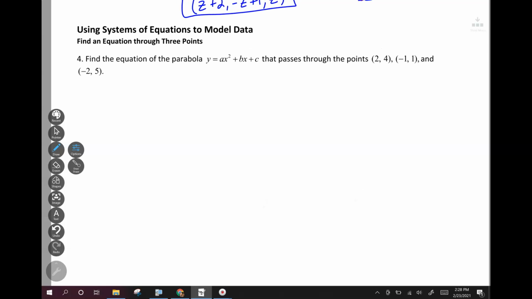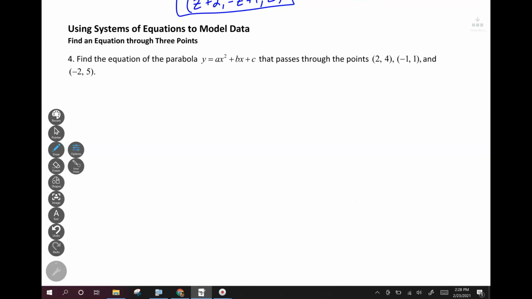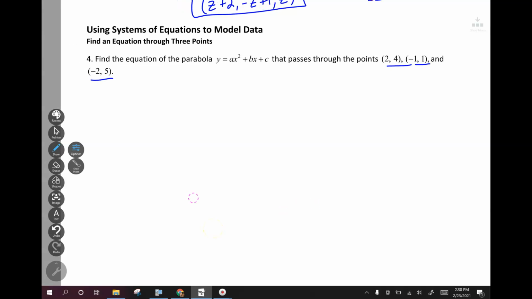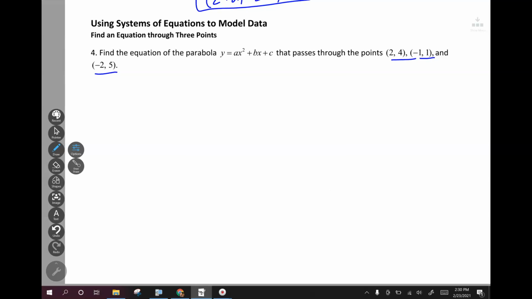All right, the last thing we're going to do in this set of notes is use the system of equations to model data, which just means we're going to find equations through 3 given points. So we have 3 points, and we want to find the equation that goes through those 3 points. So what you're going to do is take those 3 points and plug them in for x and y 3 times.